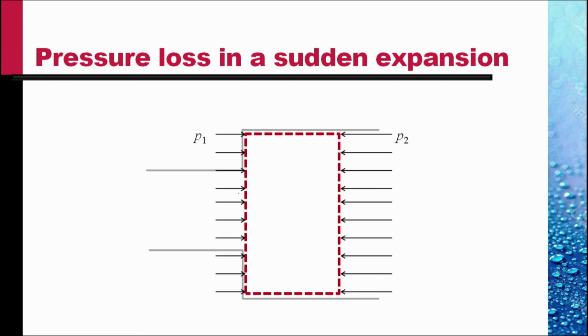So we can calculate the net horizontal force as P1 A minus P2 A in the horizontal direction, and that should be equal to the net efflux of momentum.